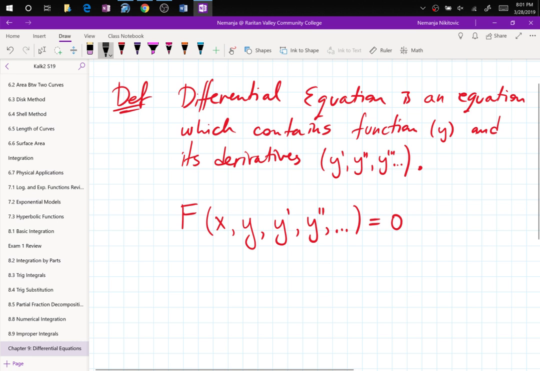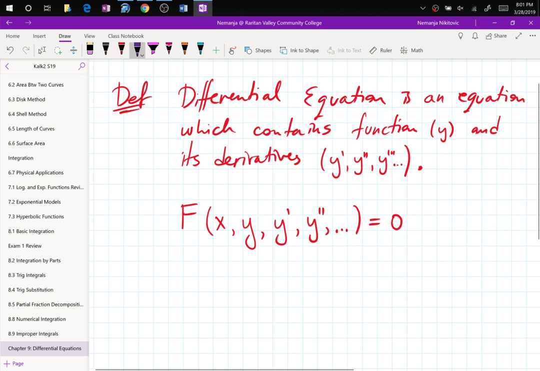So let's take a look at 2 basic examples. And first and most important method to solve differential equations. Oh, before I go there, solution. This is extremely important. A solution to a differential equation is a function, not a number.